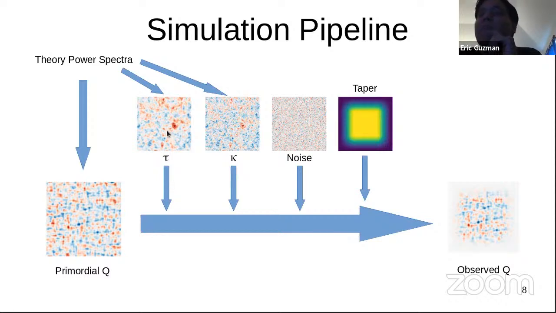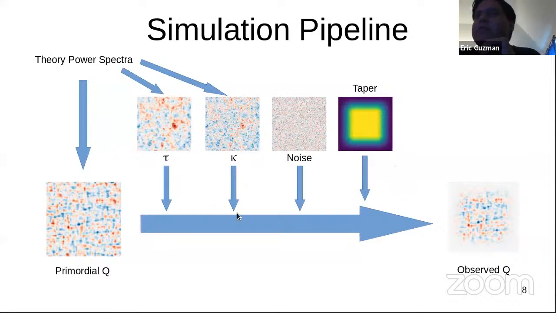Then we modulate it by tau, which we also produce with theory spectra. Then we lens the modulated Q map. We also add beam and noise. And finally, we add a 1.5 degree taper to reduce edge effects when we take FFTs and so on. So this is the simulation pipeline.